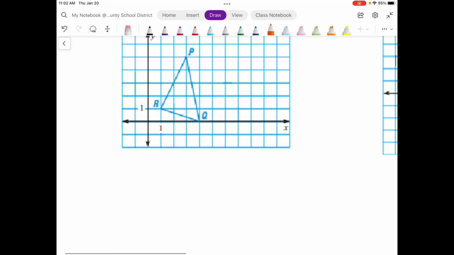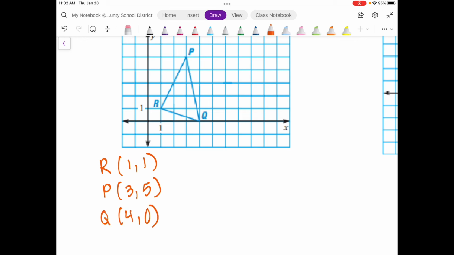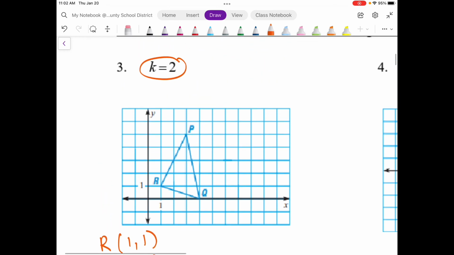So my first step that I like to do is write down my coordinate points for the original. So R is originally at 1, 1. P is originally at 3, 5. Q is at 4, 0. Okay? A scale factor of 2 means I'm going to multiply everything by 2.